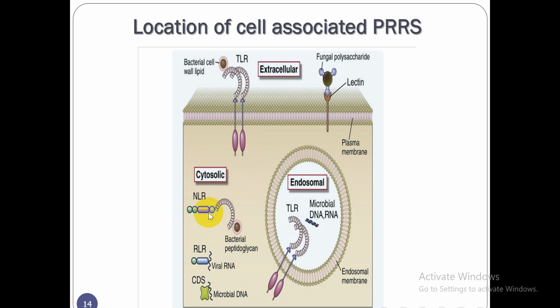Some of them are in cytosol, and they are cytosolic receptors, and they could recognize the pathogen parts in cytosol, and some of them here you see are present on endosomal membrane, and they can recognize the microbial structures like microbial DNAs or RNAs inside the endosomes. So the cell associated PRRs could be in different locations.